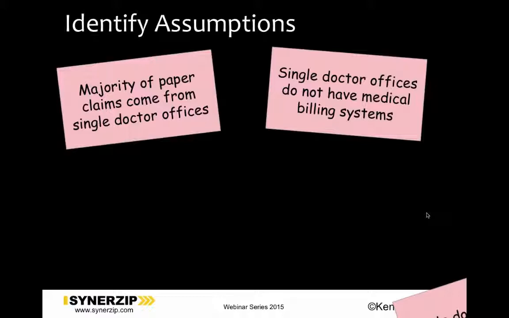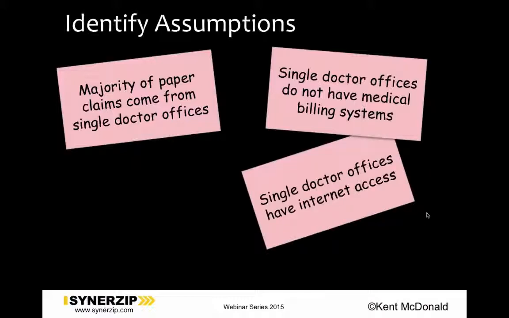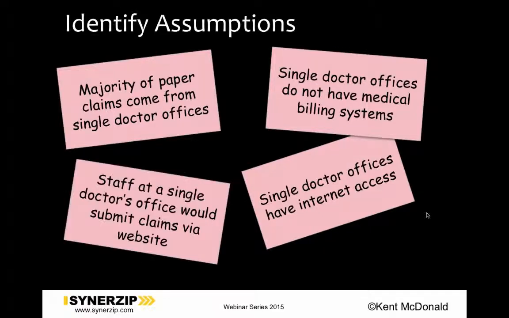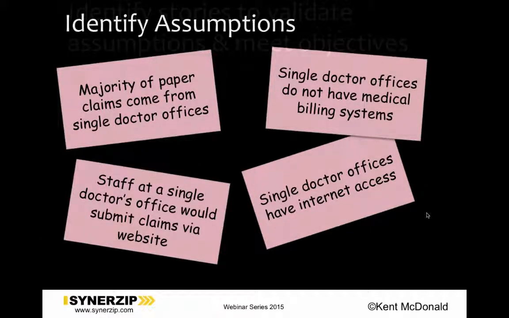We do want to assume that doctors' offices have internet access. It's critical for our potential solution. And we have the "build it and they will come" assumption: if we provide them some means of submitting claims online, they'll actually use it.